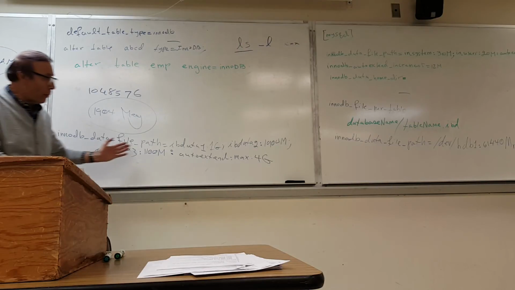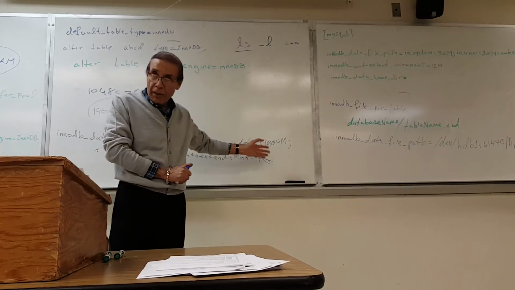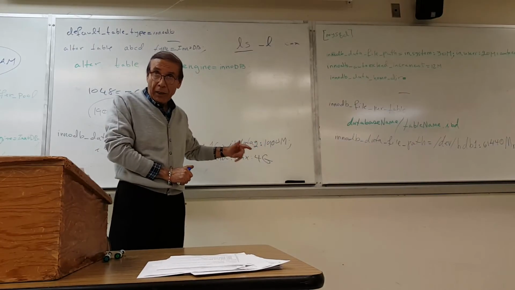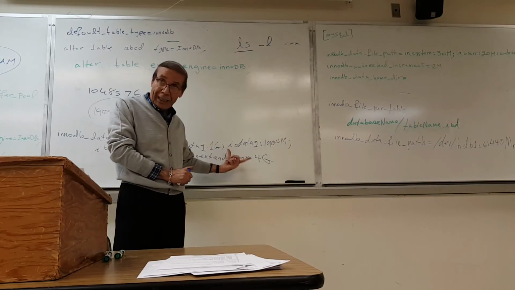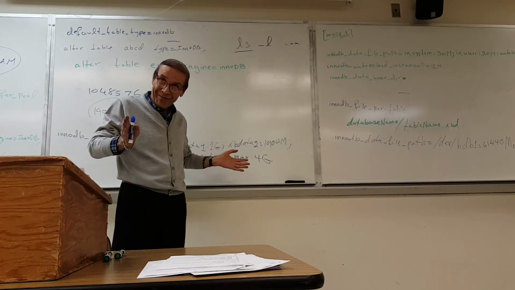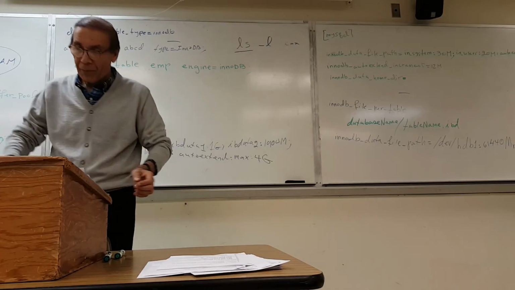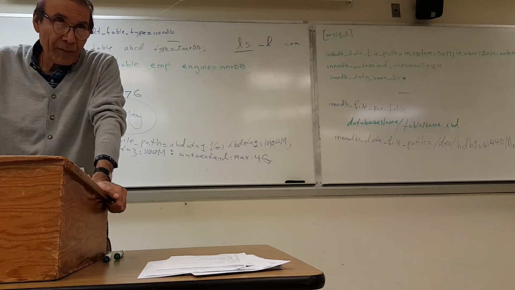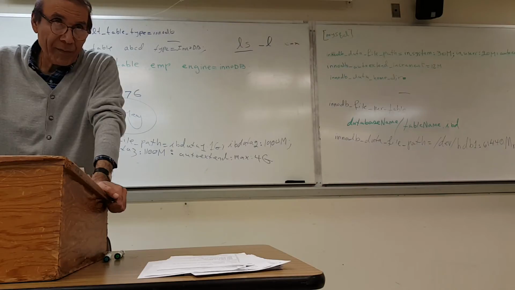So there is no limit for how many data files you want to have, right? But the only limit is that the last one should be expandable, right? 1904 megabytes is the size of the current table space.